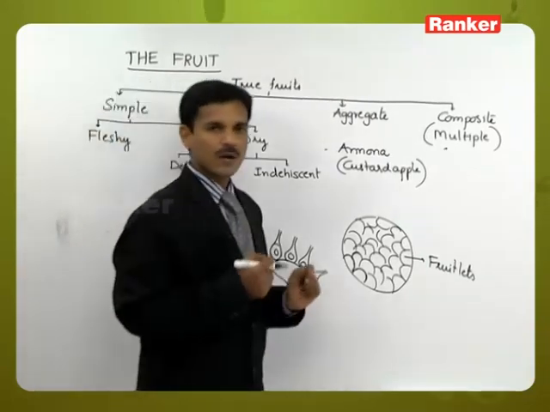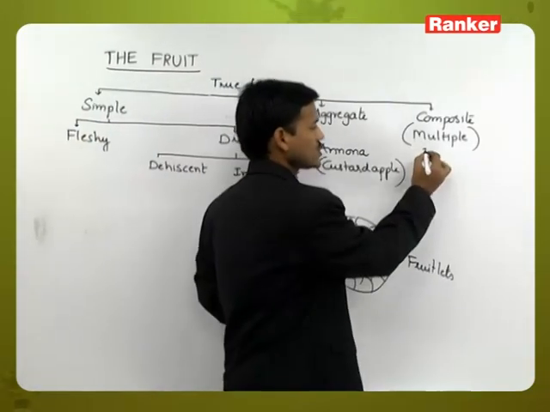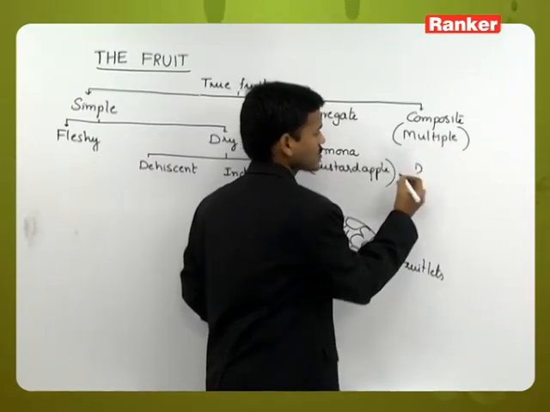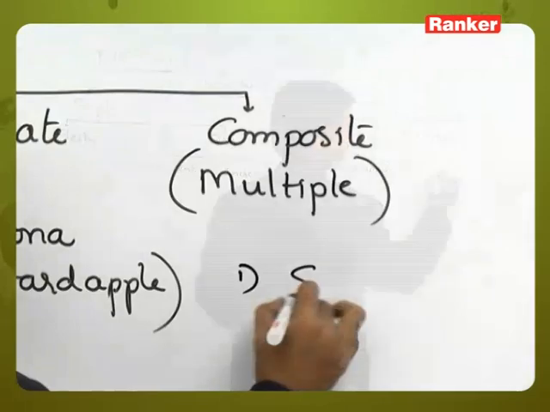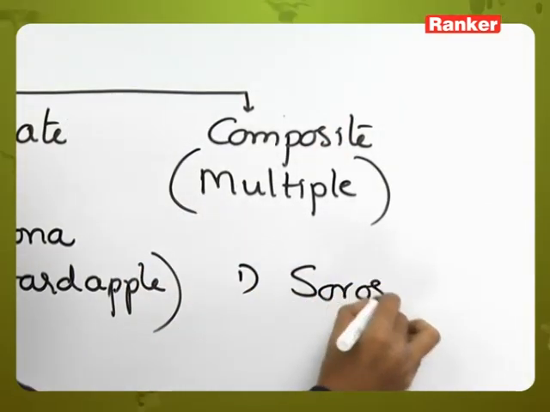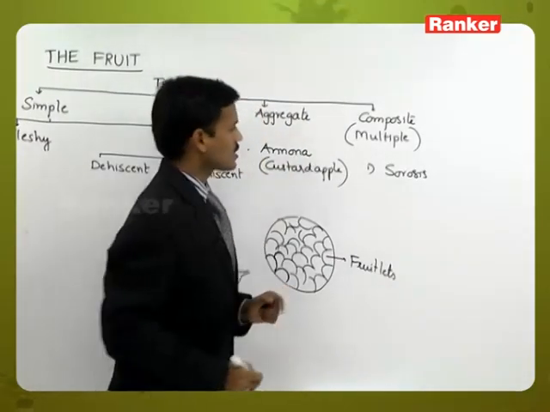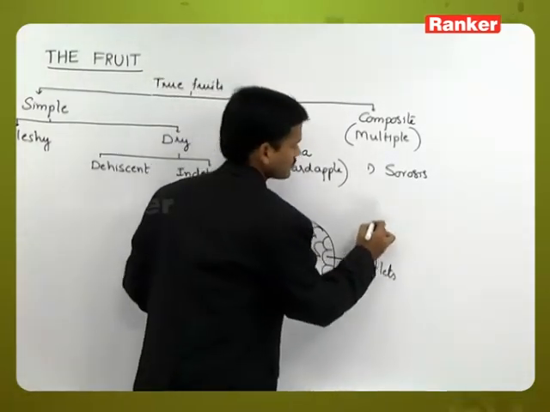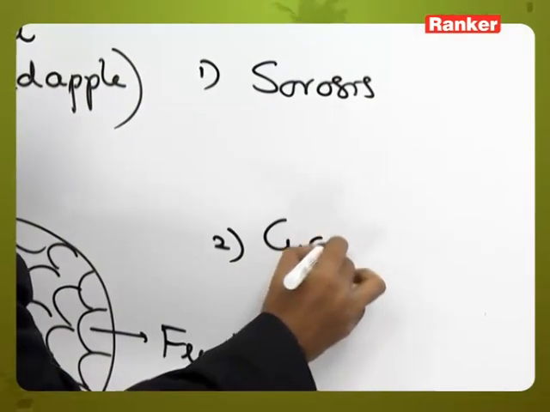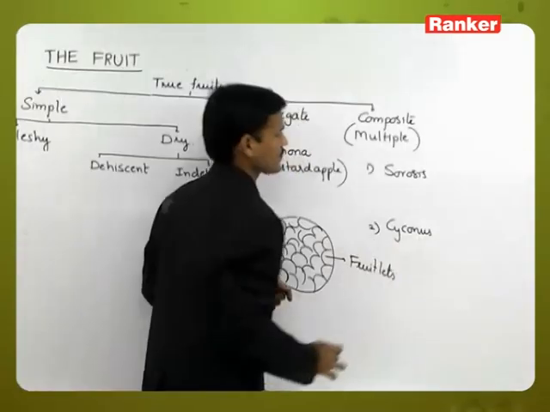Next one is composite fruits. Composite fruits develop from the total inflorescence. Composite fruits are also called multiple fruits or compound fruits, and there are two types: Sorosis and Syconus.